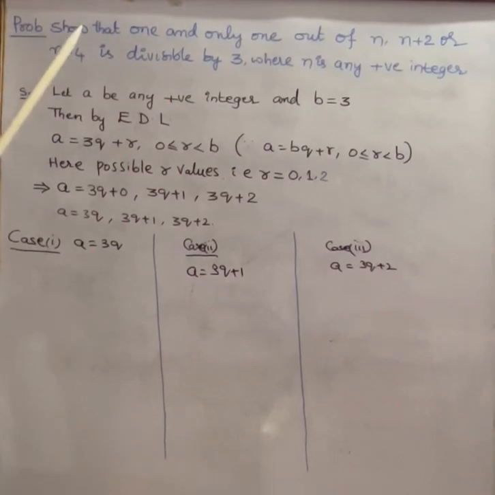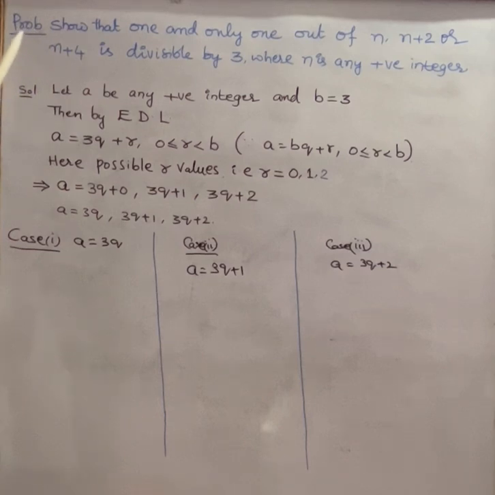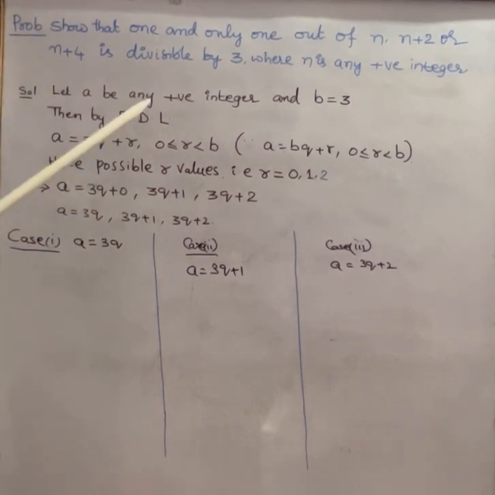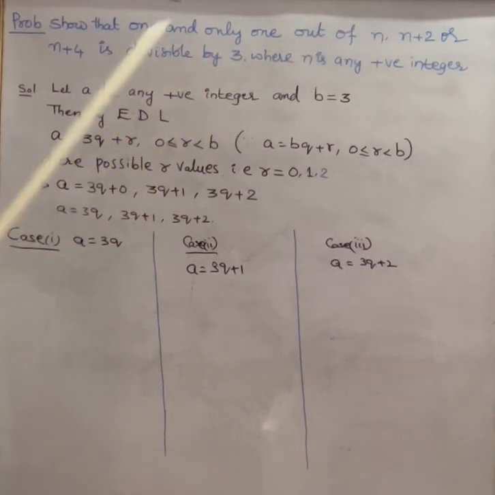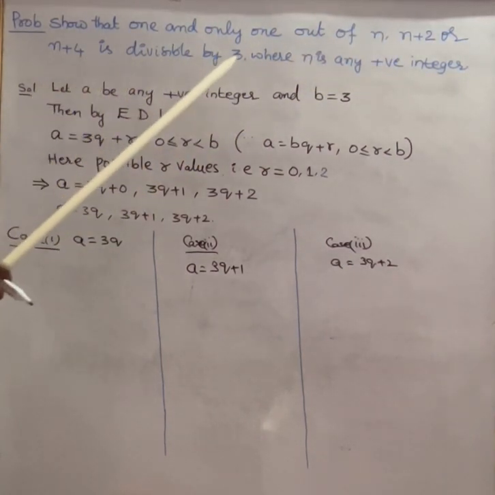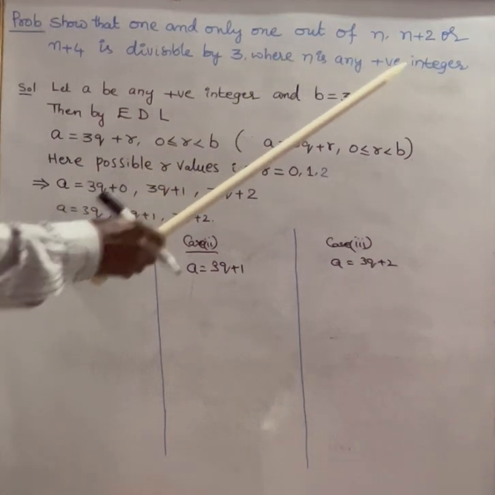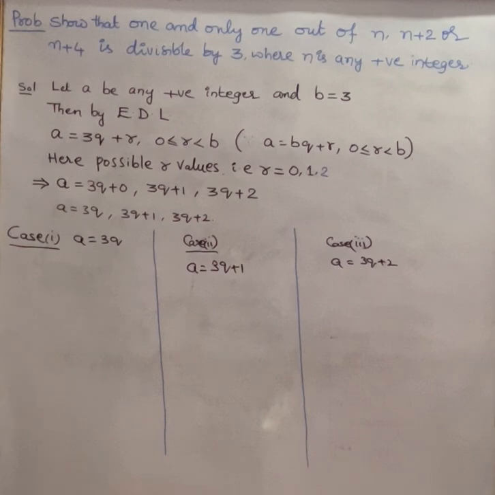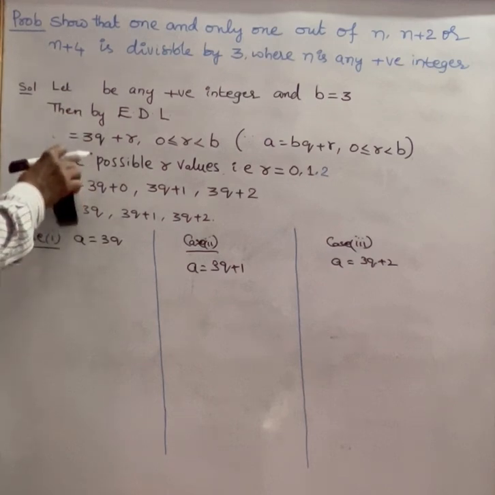Okay, we will see another problem of Euclid division lemma. Here we have to show that one and only one out of n, n plus 2, n plus 4 is divisible by 3. Here n is a positive integer.